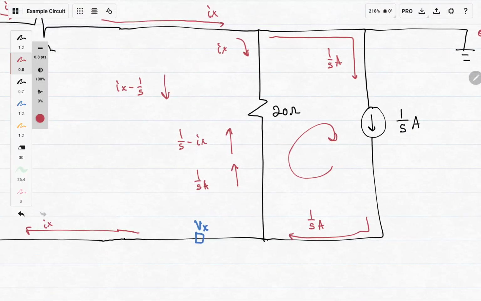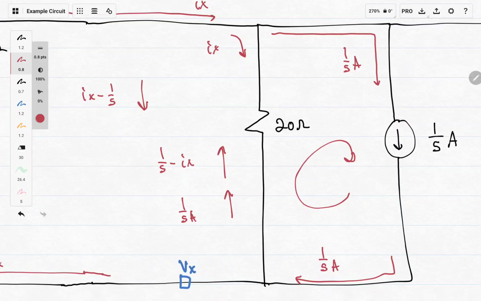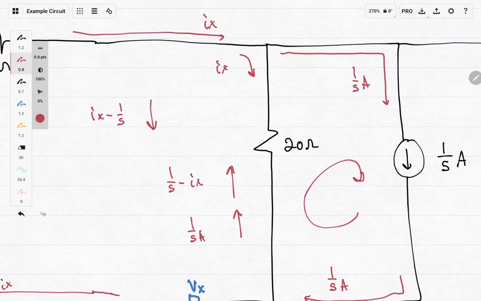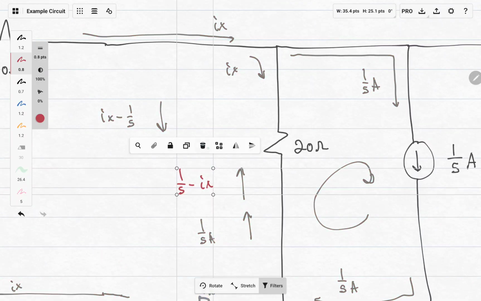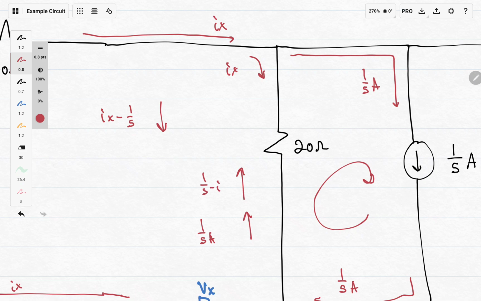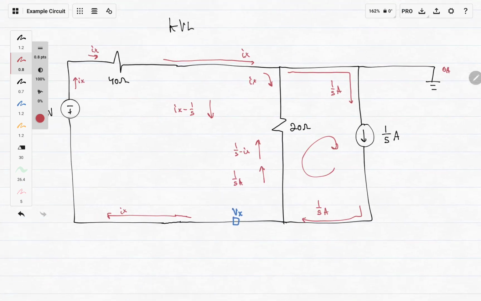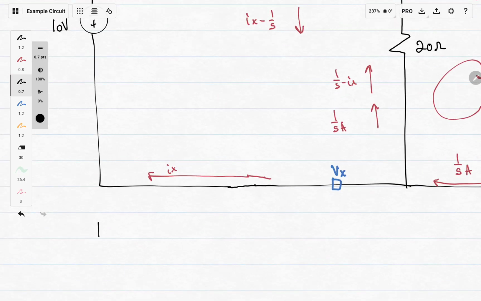It's really the same. At the end, you're going to get a negative or a positive depending on which way you do it. But for easier sake, I said 1/5 minus Ix going up. So now that we have our currents all described, we could do the KVL equations.